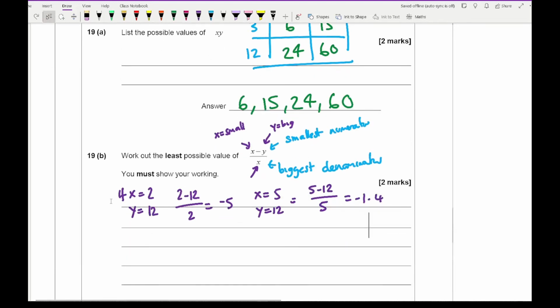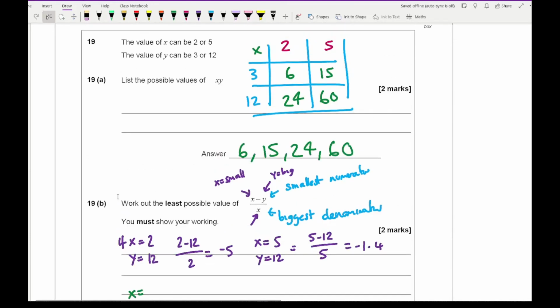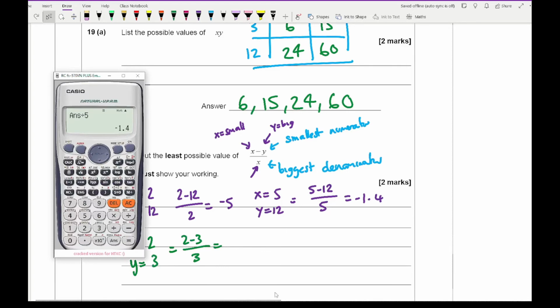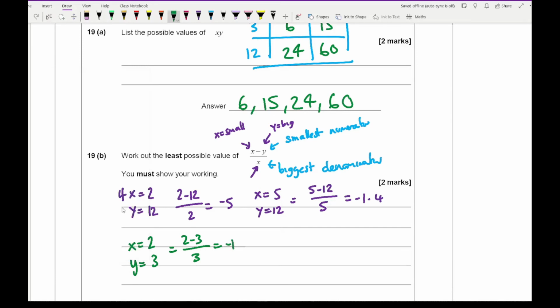Then if x equals 2 and y equals 3, I have 2 minus 3 divided by 3, which gives minus 1.